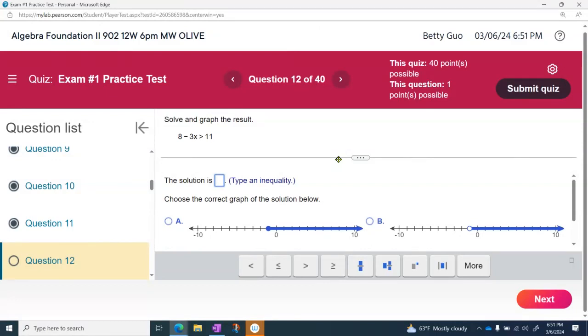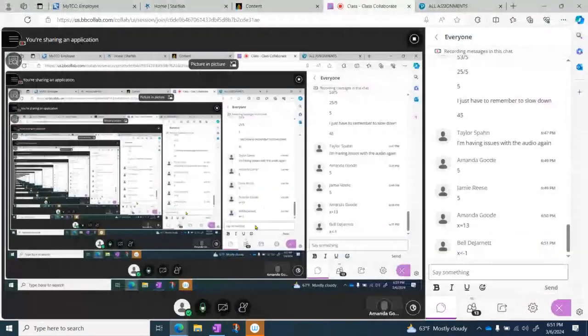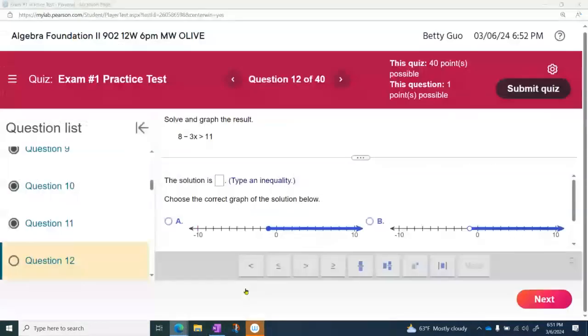And how do you get rid of the coefficient negative 3? Yeah, you should be able to type your answer. Is that negative 1? Thank you. Very good. That's correct. X is less than negative 1.